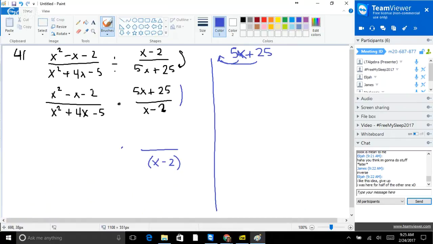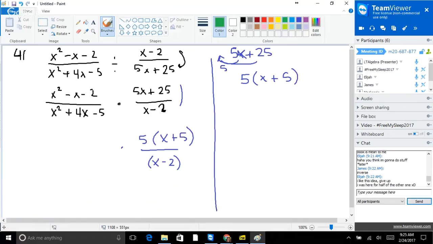So these guys, 5x and 25, have a 5 in common. So we could rewrite this as 5 times x plus 5, right? So now the x plus 5 is a grouping that's being multiplied by 5.